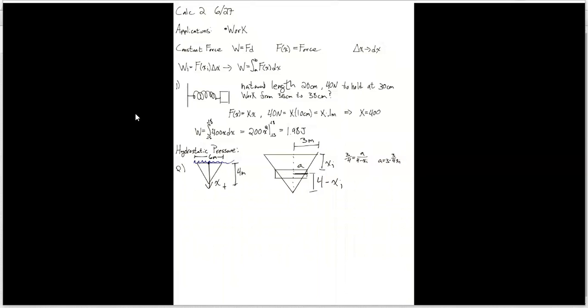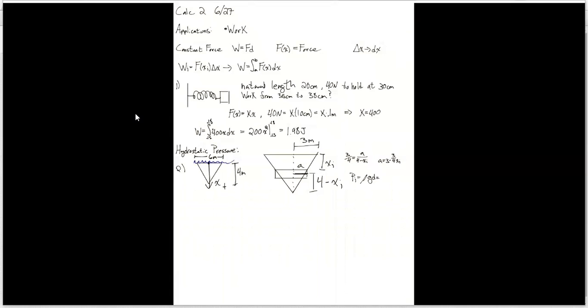So what we do know about this little segment here, this rectangle, is that the pressure, so we're going to call this Pi, is equal to the density, the acceleration due to gravity, and this d, right? So the amount that we're looking at here.